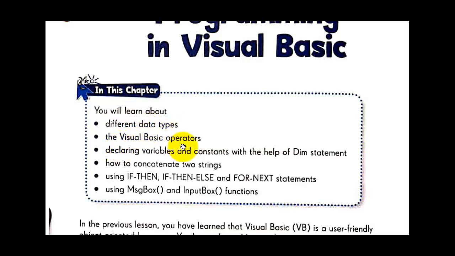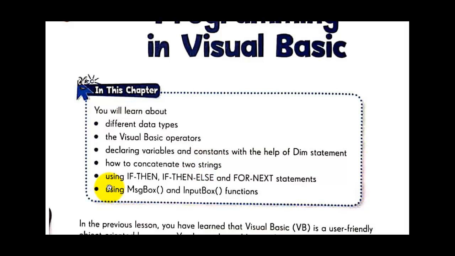And the Visual Basic operators. What are the operators in Visual Basic? Then how to declare variables and constants with the help of the Dim statement. Using this Dim statement, how to declare variables and constants, what are variables and what are constants, this also we are going to study. Then how to concatenate two strings, that is, how to combine or join two strings, this also we are going to learn.